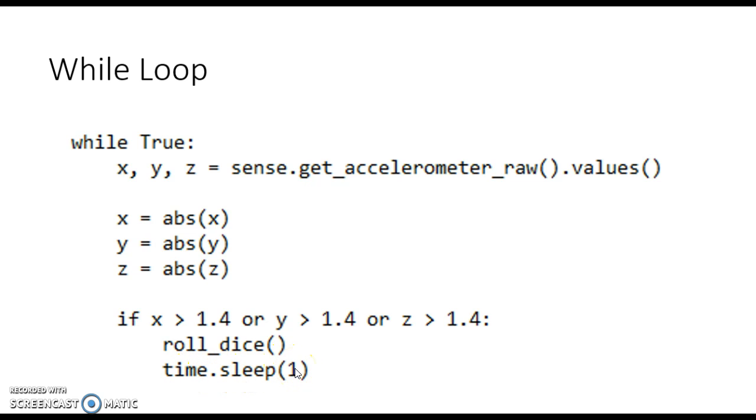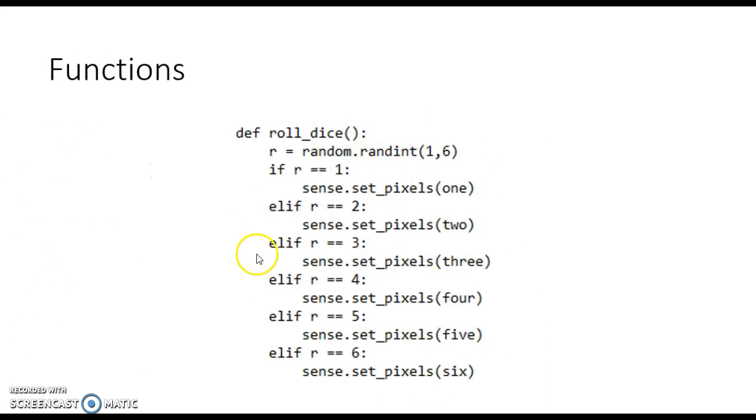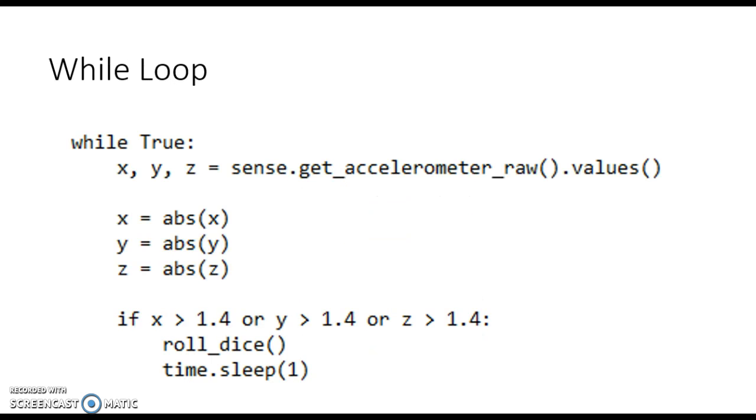The roll dice function is what you defined earlier, which is this. It would cause this code to run, and the time.sleep makes the SenseHat wait 1 second before doing this if statement again, so you won't accidentally shake the SenseHat twice and lose the die you rolled initially.